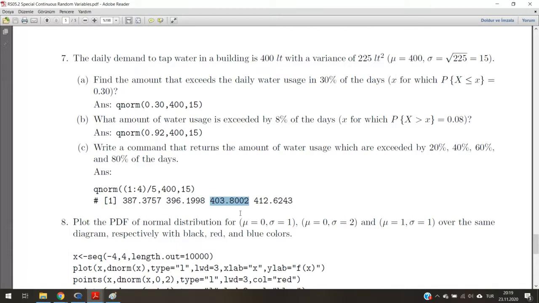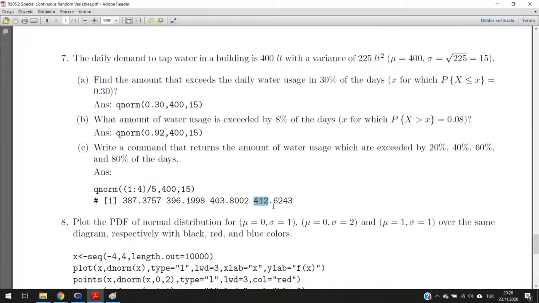Why? Because 400 is the average, and the probabilities 40% and 60% are also symmetric around 0.50. And finally, in 80% of the days, the daily water usage is less than 412. Only in 20% of the days, the daily water usage in this building is greater than 412 liters.